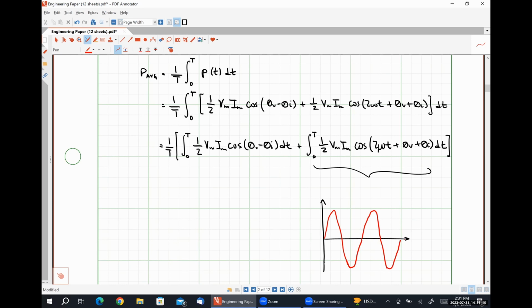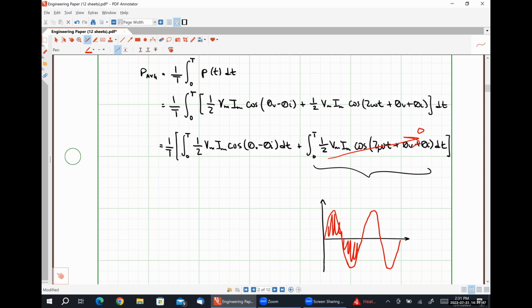If I were to integrate that signal over one period, what would I get? Zero, right? Exactly right. So this positive area would be canceled out by this negative area. So we would get 0. Anytime I integrate a sinusoidal function over an integer number of periods, I will always get 0. So that means this whole term is simply 0.